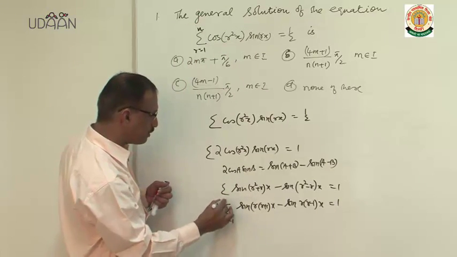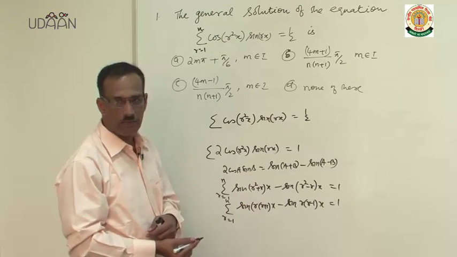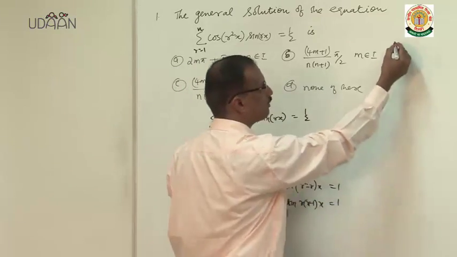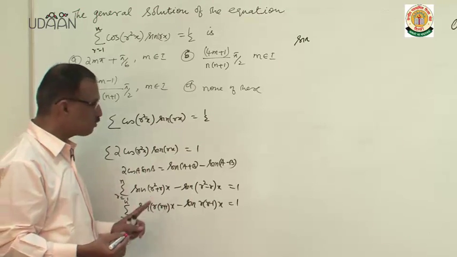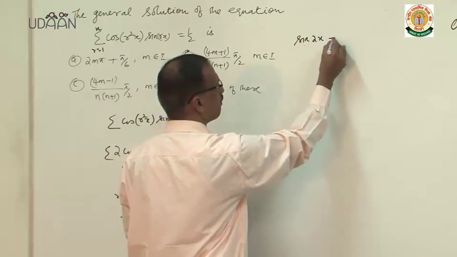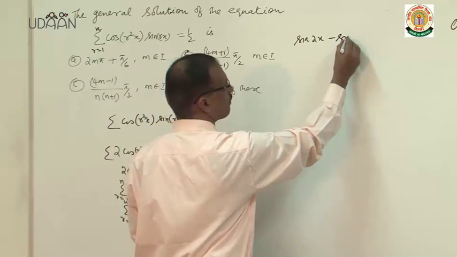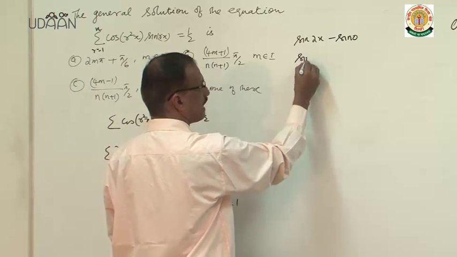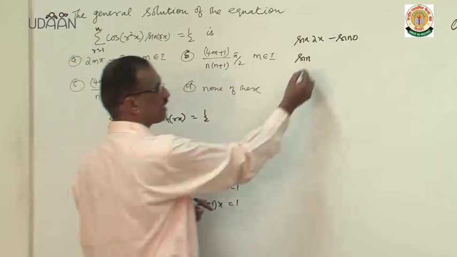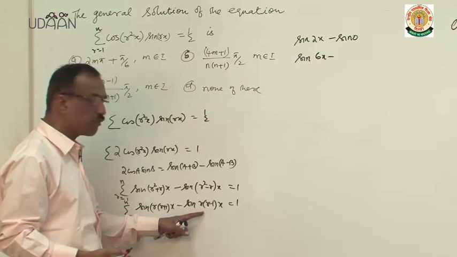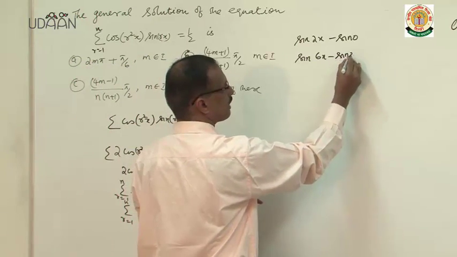So, r equal to 1 to n means, if you substitute here, when r equal to 1, the first term is sin of 1 into 2, that is 2x, minus sin 0. The second one: if you put r equal to 2, 2 into 3, that is sin 6x, minus sin 2x.